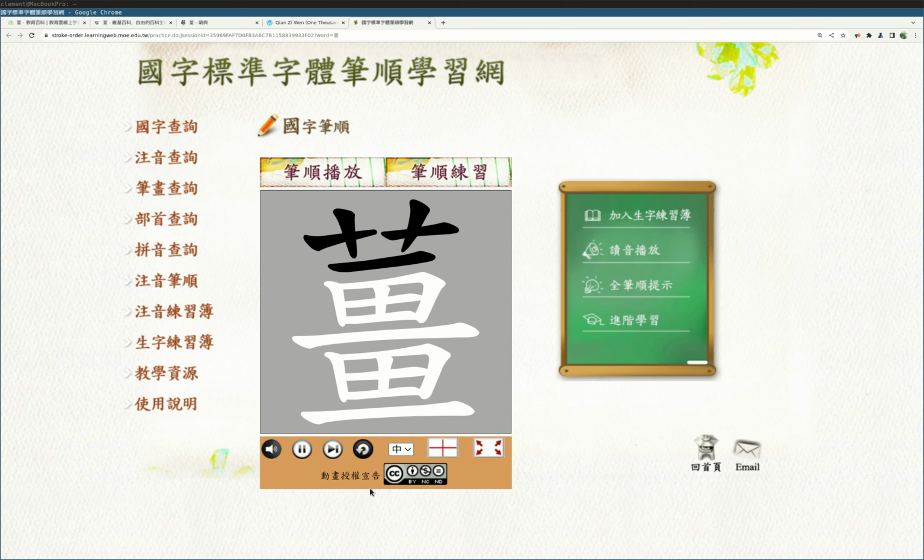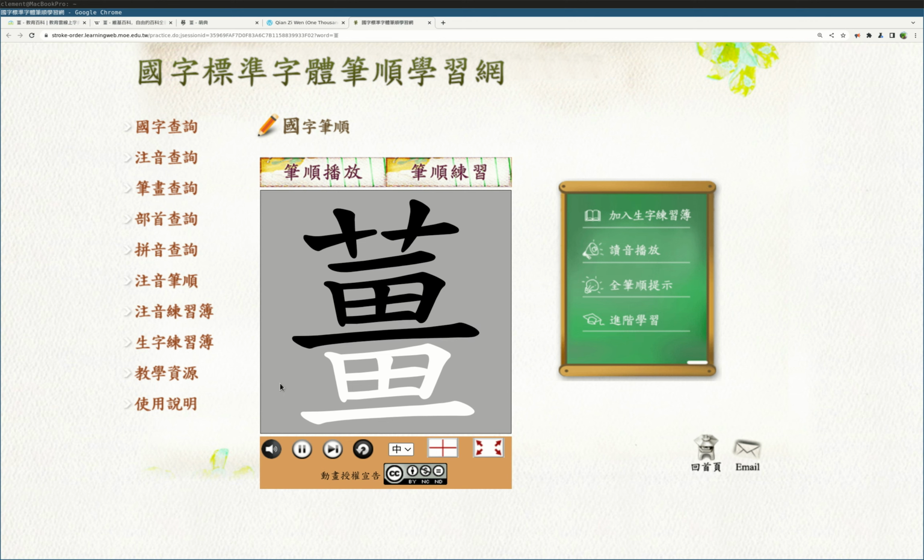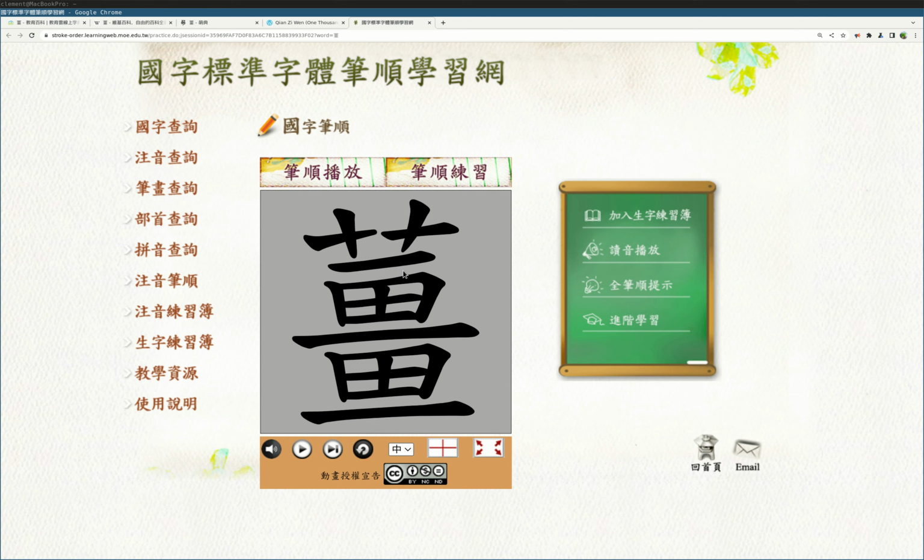You have to be very patient. But of course, compared with the simplified form, although they're complicated, they're easy to recognize because it really looks like a plant itself, like the ginger. So you have to be patient for every stroke in writing.